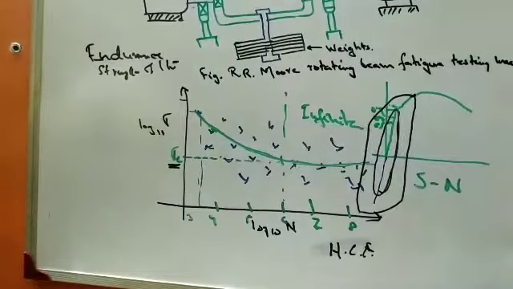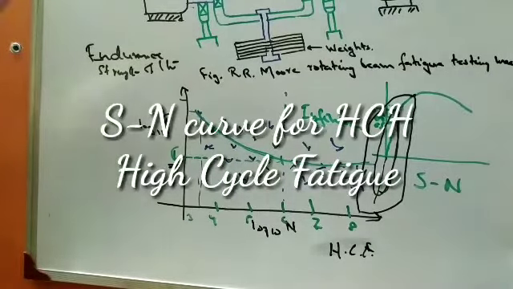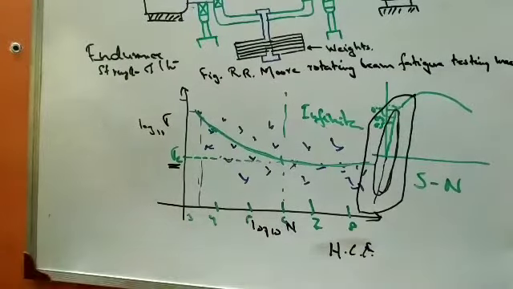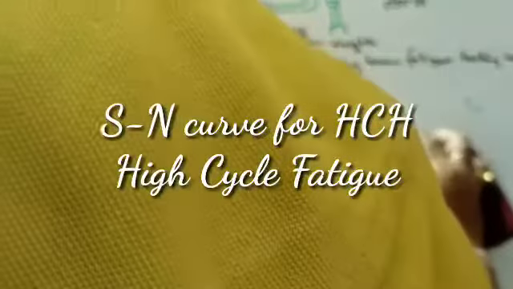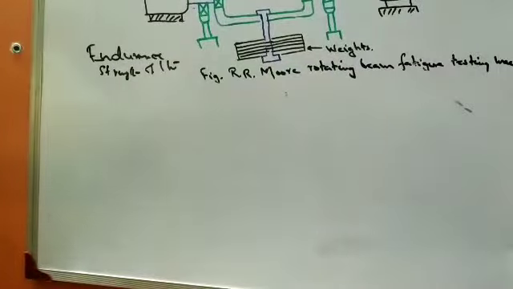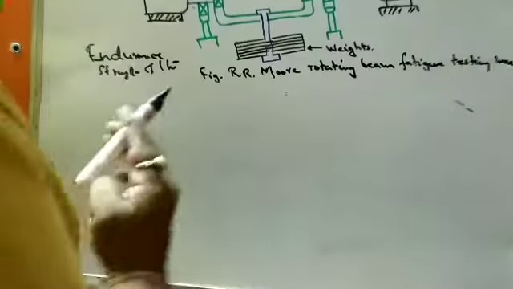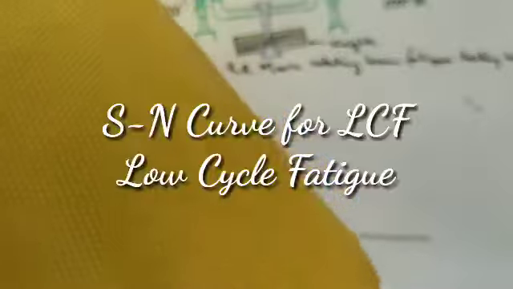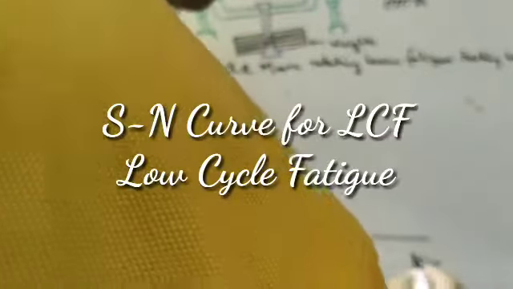Now what will happen if the material is subjected to a high stress, the yield stress? How does the SN curve look for low cycle fatigue? Now I am doing that. Same thing: this is N, the number of cycles.